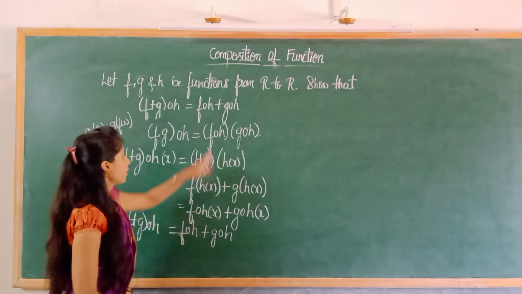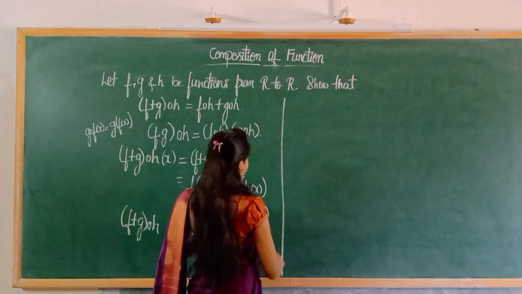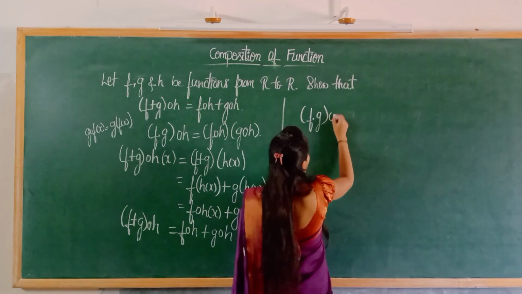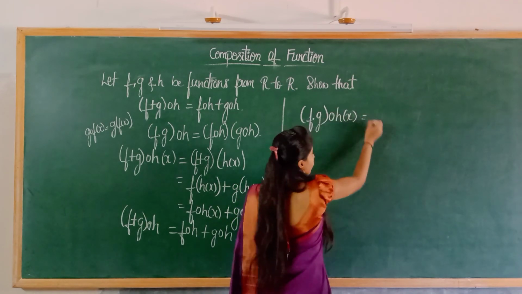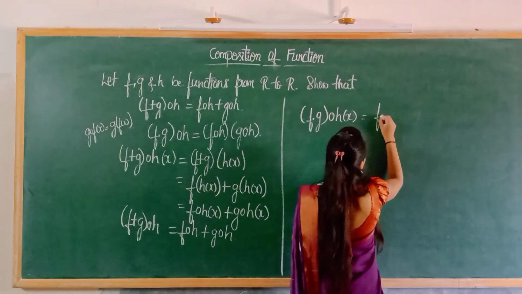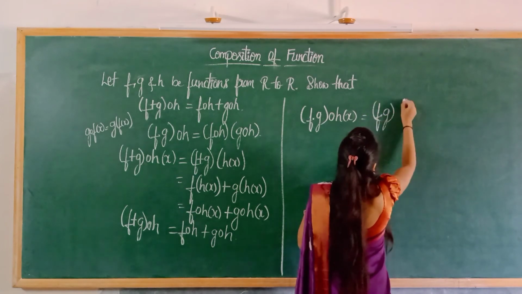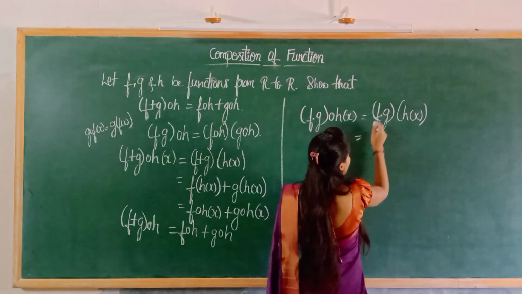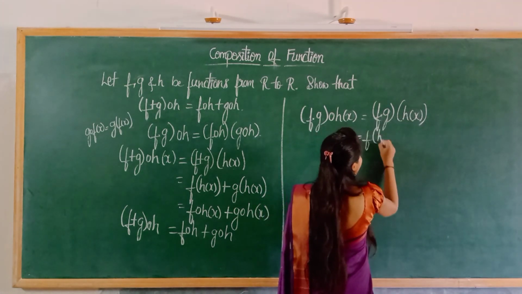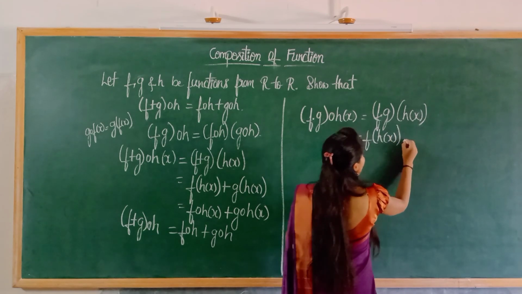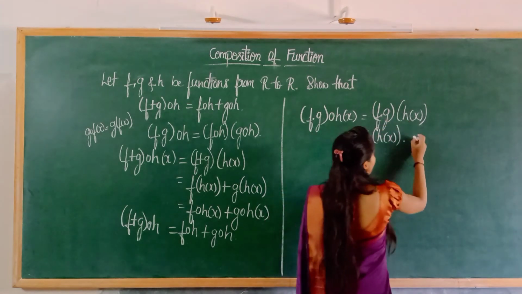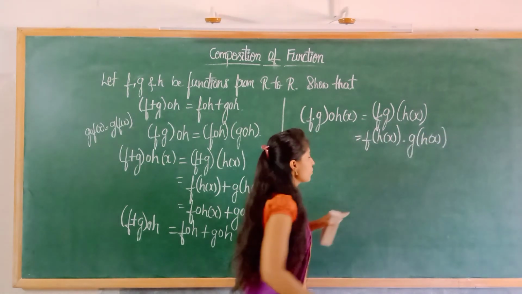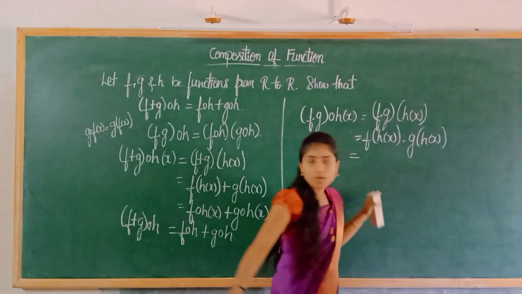Okay, the next one we will prove now. What is given? f into g composition h of x. For this, how are you going to write? f into g of h of x. Now multiply the terms: f into h of x, into g into h of x. Now you see here, it is in the form I told you, g of f of x.